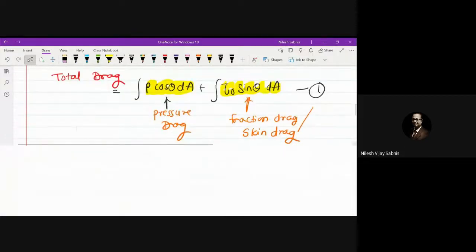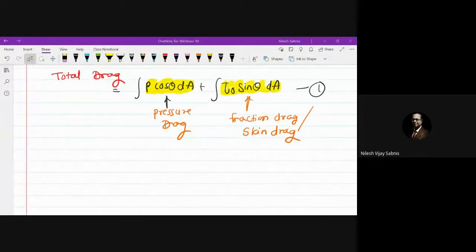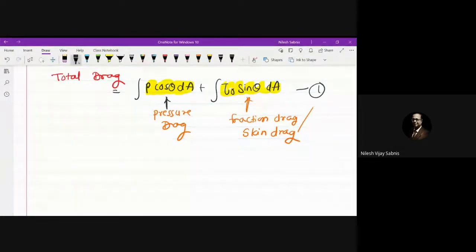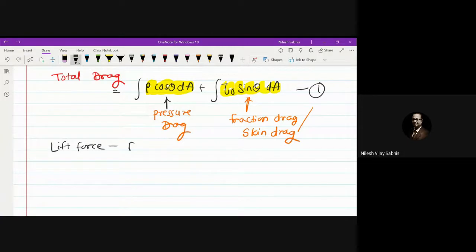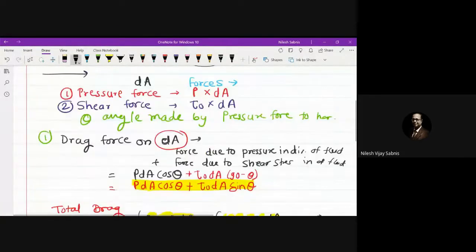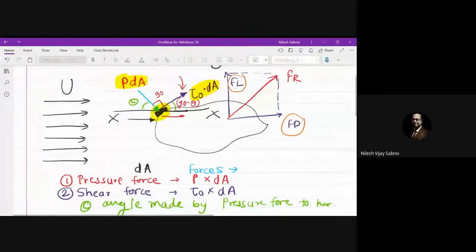Then the concept comes to the lift. So can anyone tell me the lift force? That is FL. So what will be the FL? We will have the same diagram, same concept.